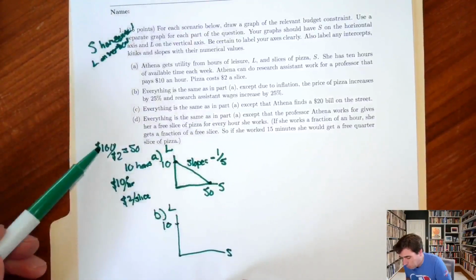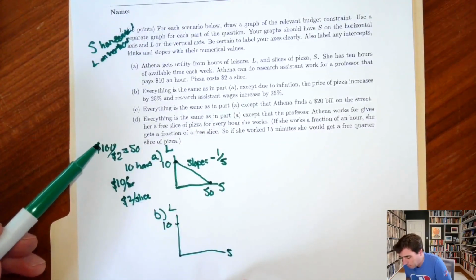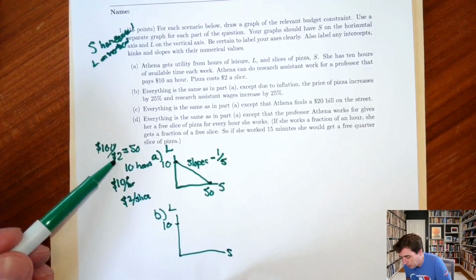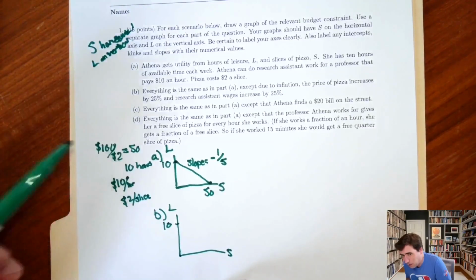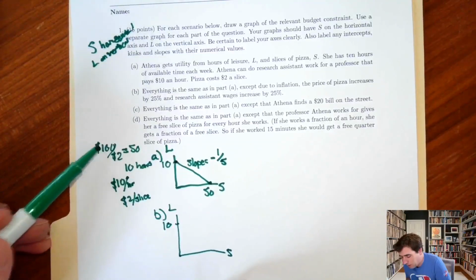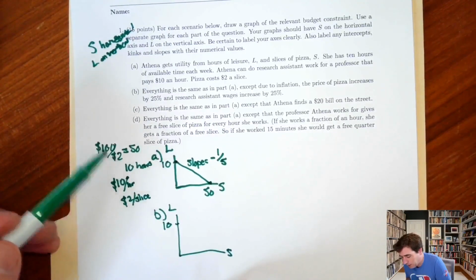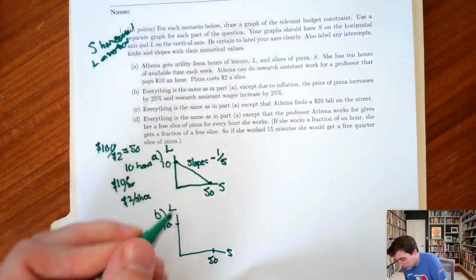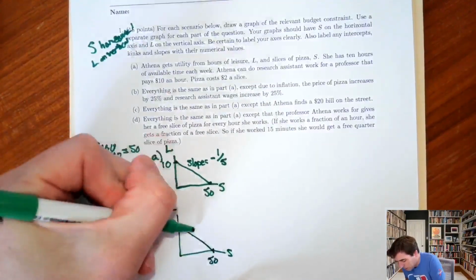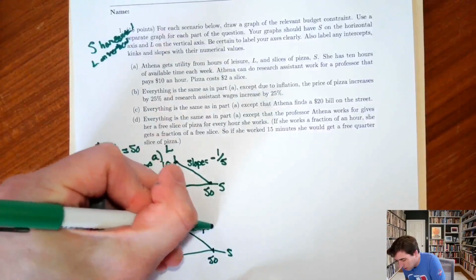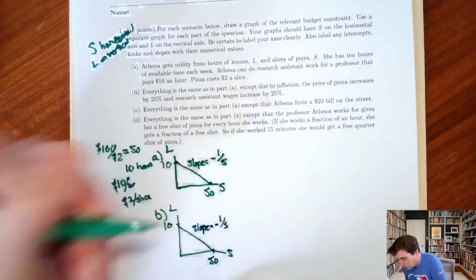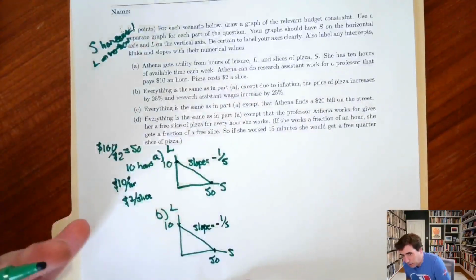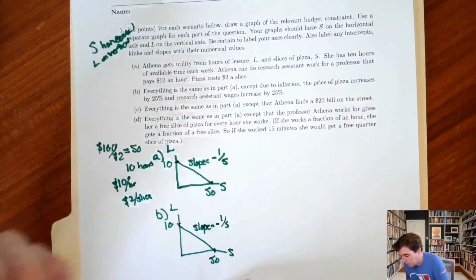It came from what I could earn, 10 hours of work times my wage, divided by what a slice of pizza costs. If I'm multiplying this by 25% and I'm multiplying this by 25%, those cancel out, and I still get 50. And so my slope is still negative 1 over 5. Recognizing that saved me a little bit of time in answering this question.